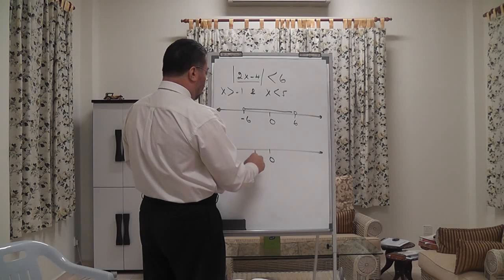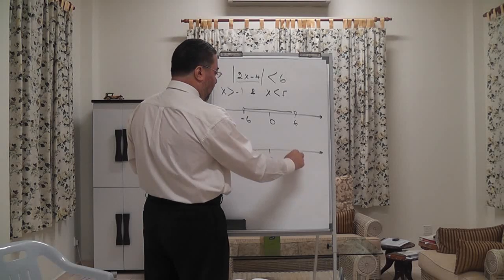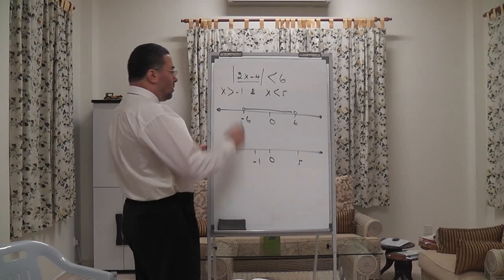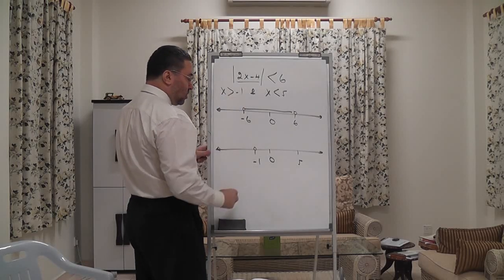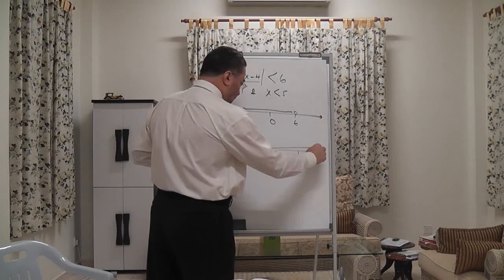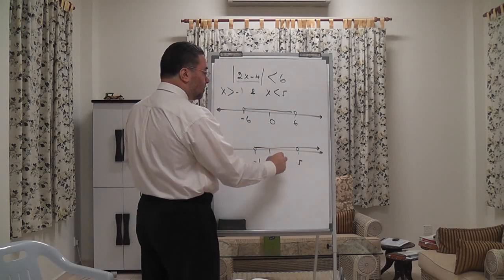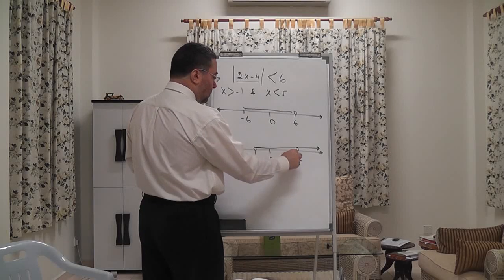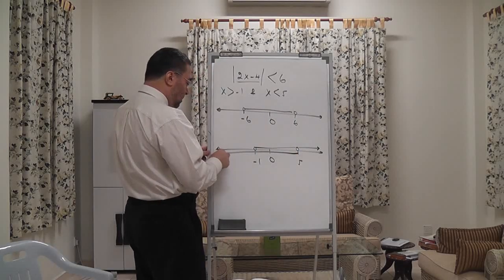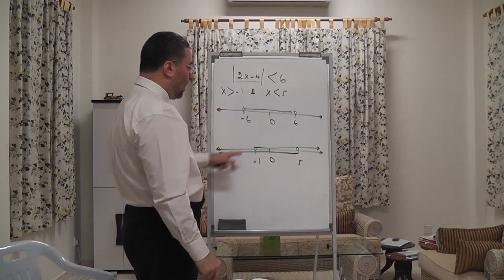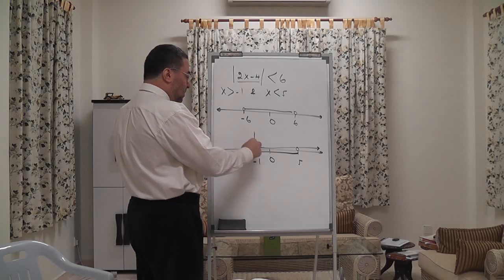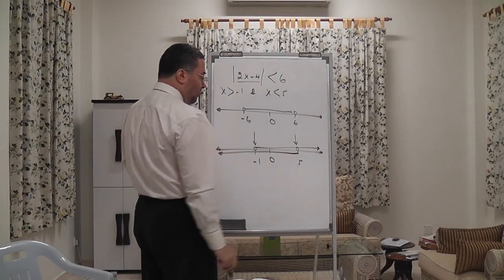On the number line, 0, -1, 5. We plot the first one, circle here, and that's more than -1. We plot the second one, or graph it, and that will be this graph. And the overlapping region is between -1 and 5.